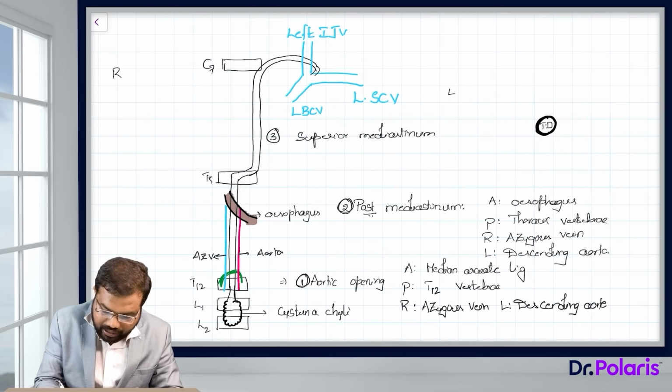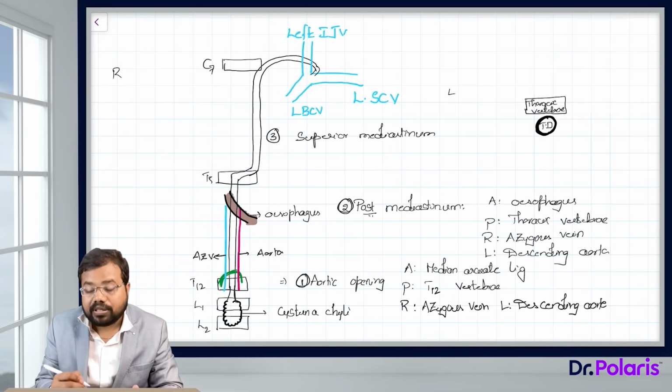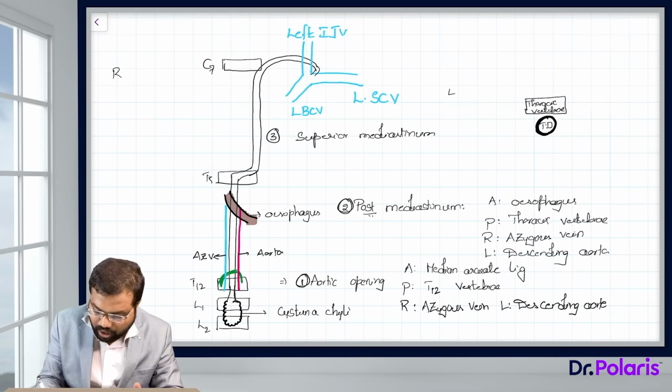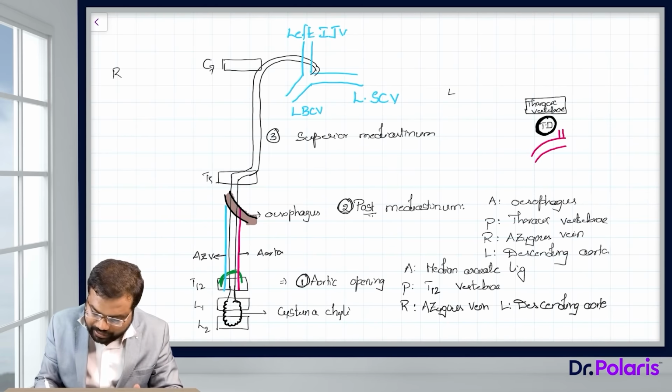And posteriorly, we have the vertebral column. Which vertebrae are present? Thoracic vertebrae are present on the posterior side. Now what is present on the anterior side is the arch of the aorta with its one branch called the left subclavian artery. So anteriorly, we have the arch of the aorta plus the left subclavian artery.